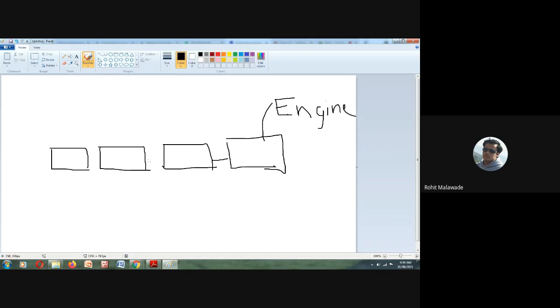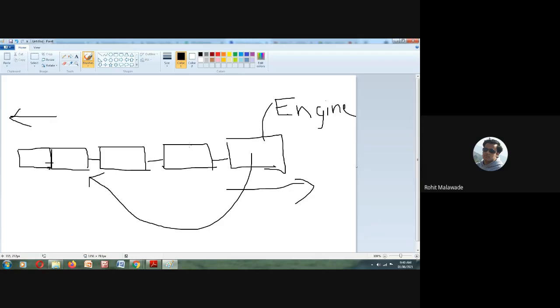Earlier, this particular engine was moving in this direction. Now, if I want to move in the opposite direction, backwards, I need to shift this particular engine over here. So if I want to shift an engine, I need to detach it and shift it over here.